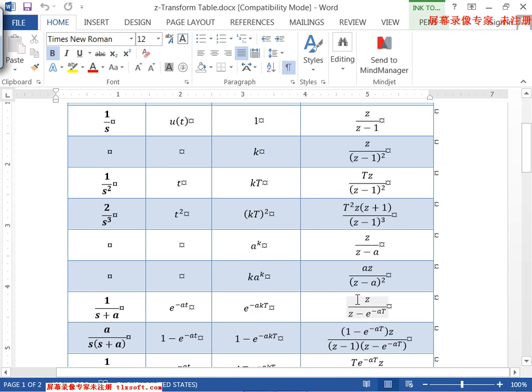You can always write into an equivalent format here. If you have a Z transform function like this, then you know the inverse is going to be either this or that. Doesn't matter, it's basically exponential things.